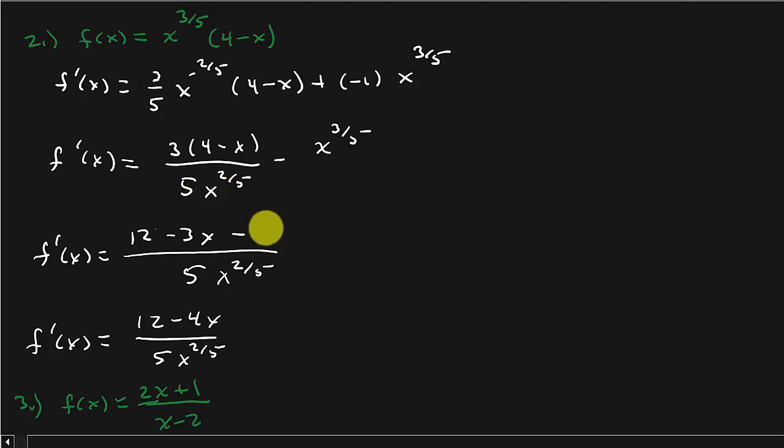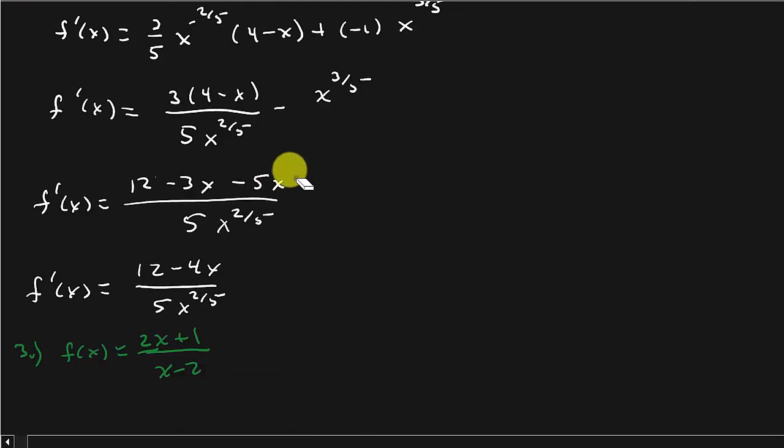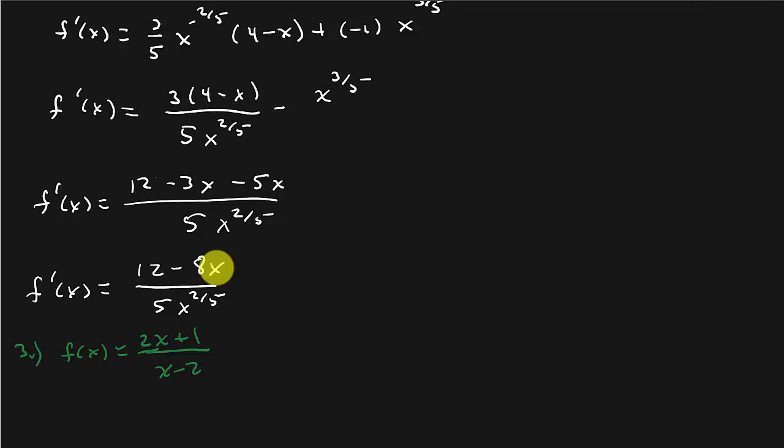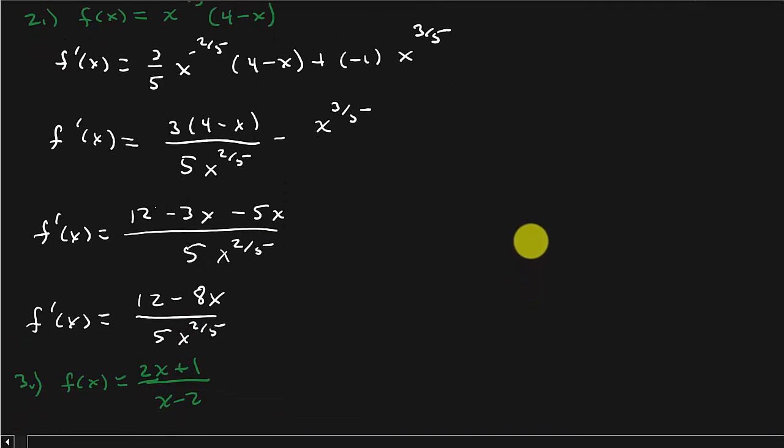The common denominator is 5x to the 2/5, so this should be 5x to the 2/5. No, I'm sorry, just 5x. So that means this will be 8x, right? All right, so where are our critical numbers? Well, remember, f prime of x is equal to 0 when 12 minus 8x equals 0.